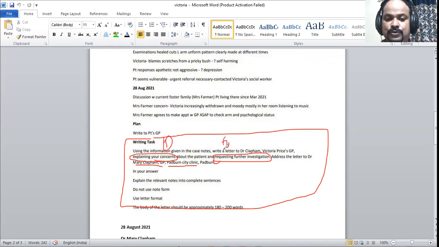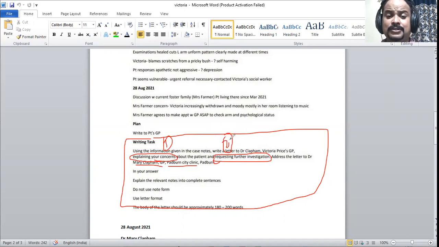Number two, a request for further investigation. So here I need to request the GP to go ahead with the investigation which stems from your concerns. That's it.